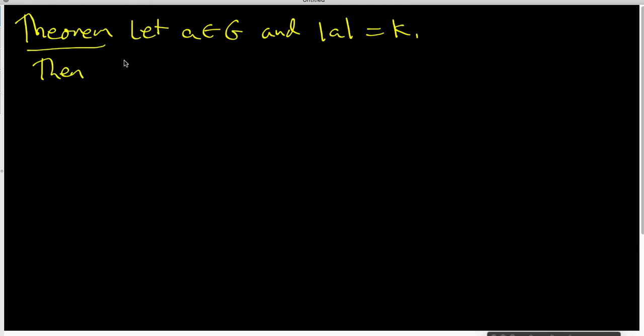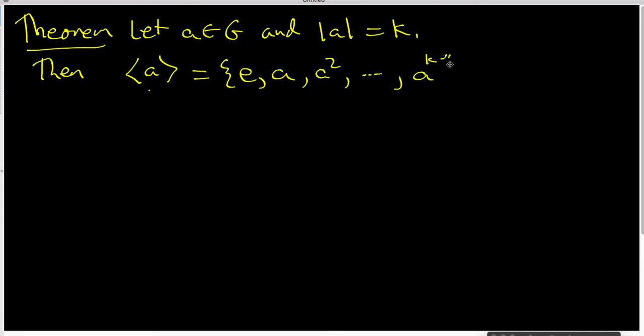Then it turns out that the cyclic subgroup generated by A just happens to be the set that we've been looking at, e, a squared, all the way up to a to the k minus 1. In other words, the set S from the previous stuff. And I do need to make my notation a bit clearer there.